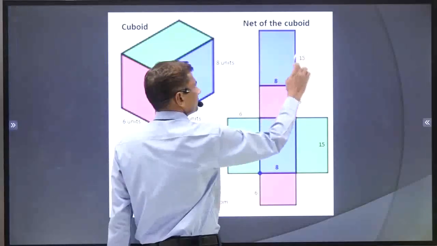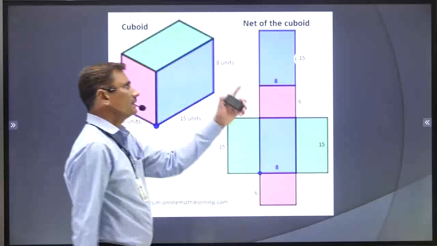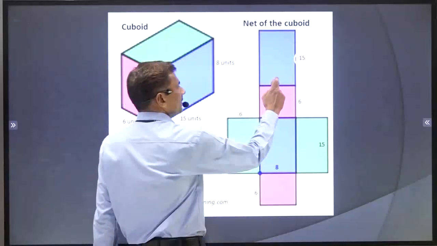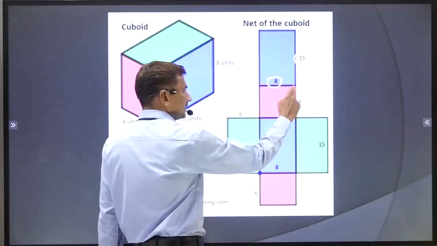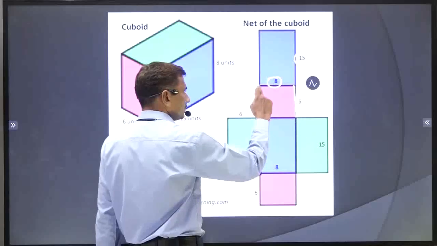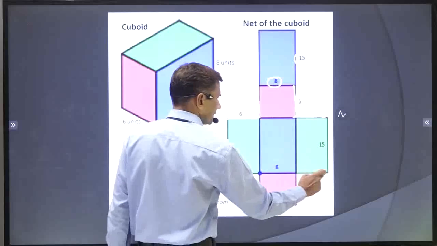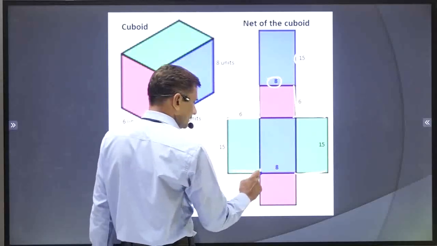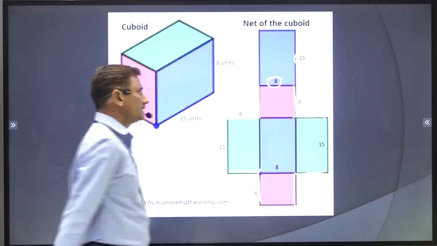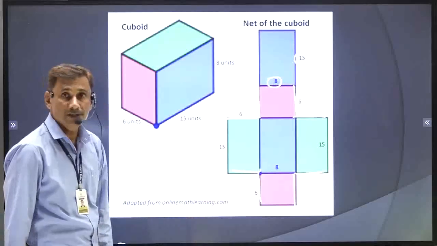So it is 15 written, and that is the length. 8 is the breadth, and these are the height because they are going to come upside. These all surfaces will come up, so it will be height. So everywhere it is 6.